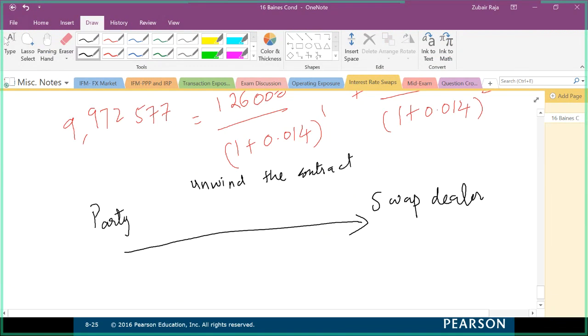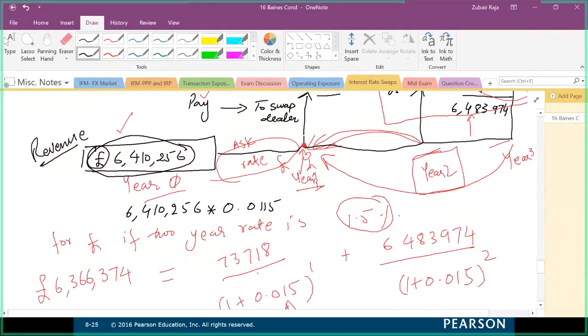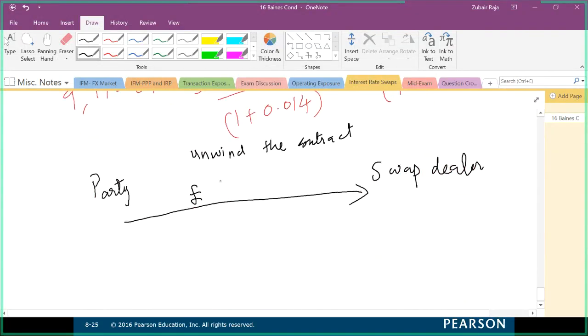They have to pay, this party has to pay how many pounds today, rather than paying the two separate pounds in the future. They have to pay at 1.5%, right? The present worth of the future pound becomes 6,366,374.